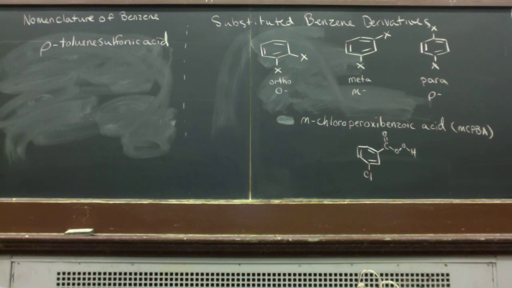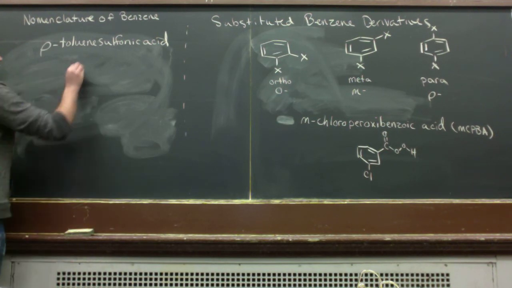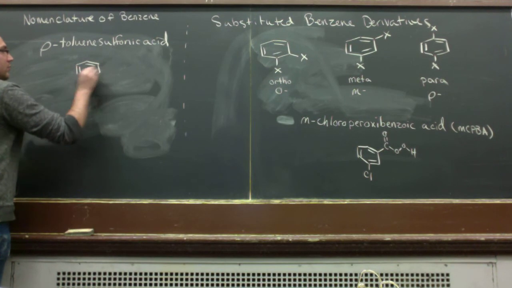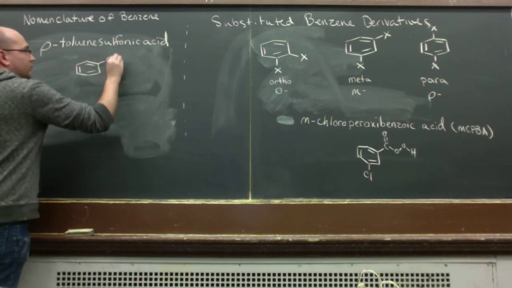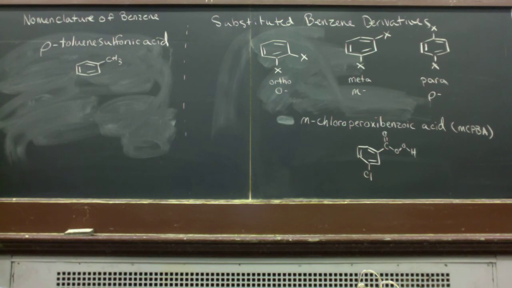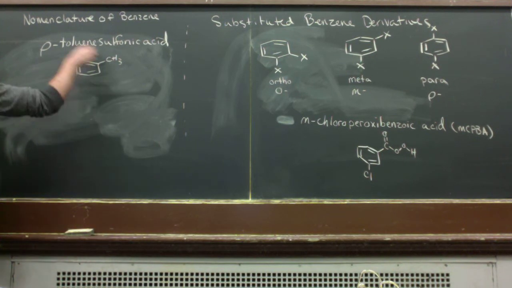Okay, and as we wrote up there, we know that toluene is this group here, and so p-toluenesulfonic acid is going to be this molecule with a sulfonic acid on it, at the para position.